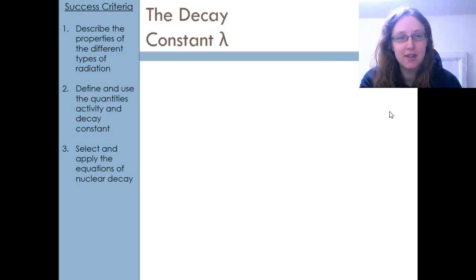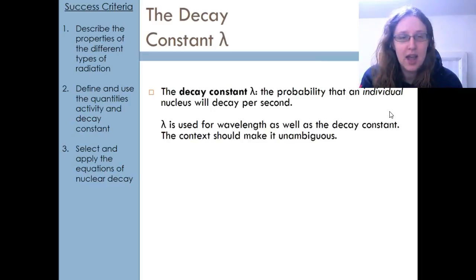Next one we're going to talk about is the decay constant. And the decay constant is the probability that an individual nucleus will decay per second. I always put this in as a little note because someone always quibbles, but yes, the symbol is lambda, which is also used for wavelength, but because of context, you will never be confused whether they're talking about wavelength or decay constant.